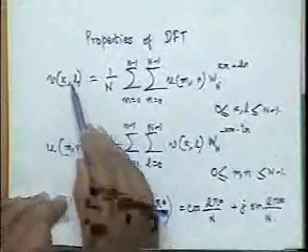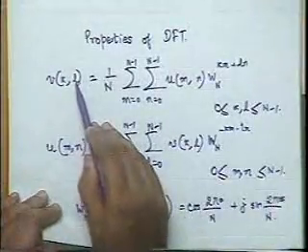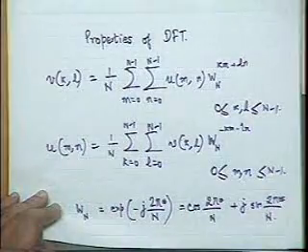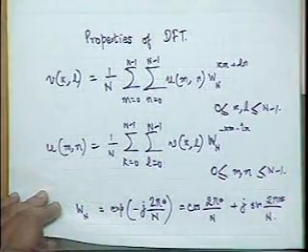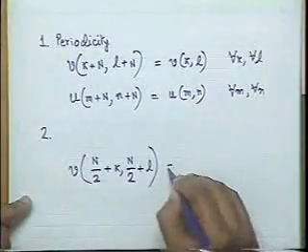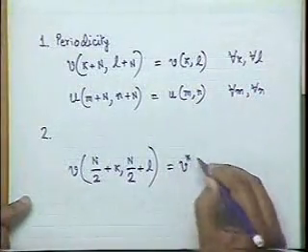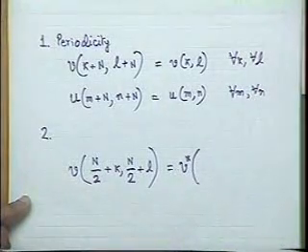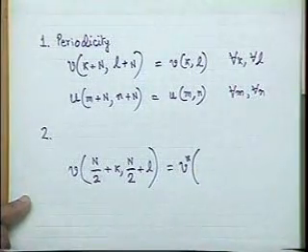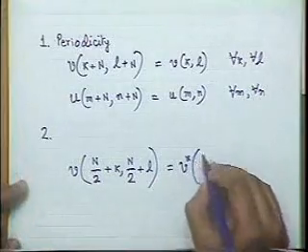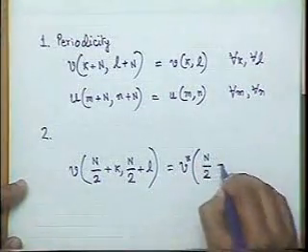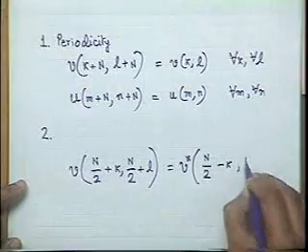Now if you substitute N by 2 plus k and N by 2 plus l for k and l in this equation, I leave it to you as an exercise, you will find that this becomes the same as V star, the complex conjugate, of N by 2 minus k, N by 2 minus l.